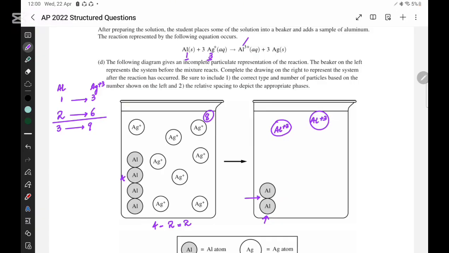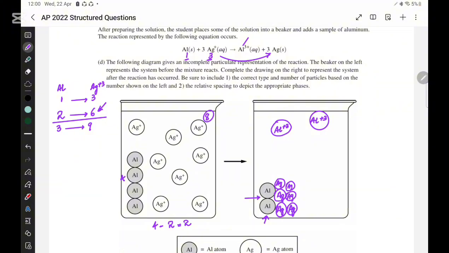And one more thing, how many silver ions have converted to silver solid? Only 6 would be converted into silver solid, so I am going to write silver solid here at the bottom. These are the silver solid that has been formed.